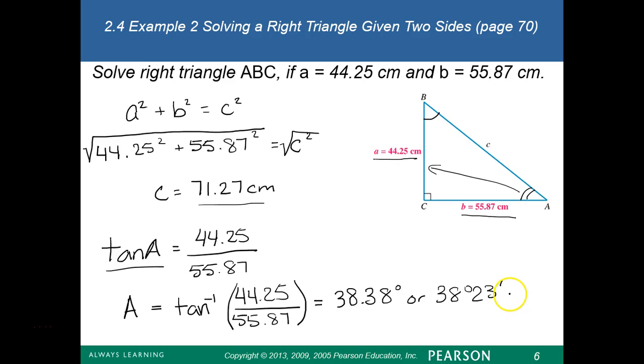All right, now that you have this angle measurement, just like the previous one, whenever you have one angle measurement, use that angle to find the other one. So A and B are always complementary. They add up to 90 degrees. So take your angle measurement here and subtract it from 90 degrees.